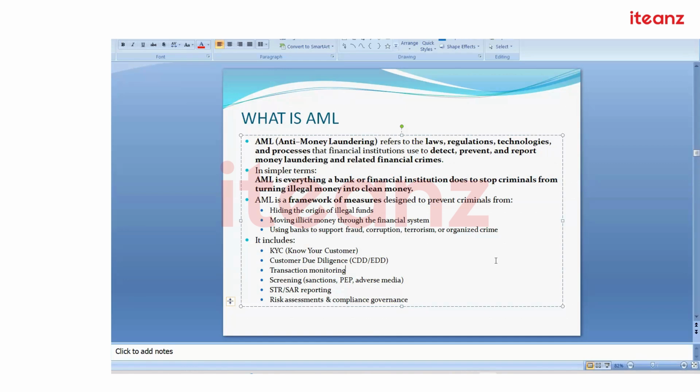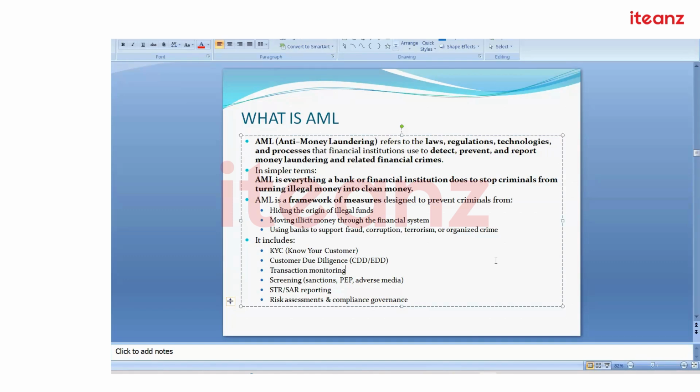In the RBI there is a department called FIU, Financial Intelligence Unit. Have you heard of FIU? Yes, sir. So this report will go to them, and then FIU will do their investigation. That's a different thing; I'm not going to talk about that.